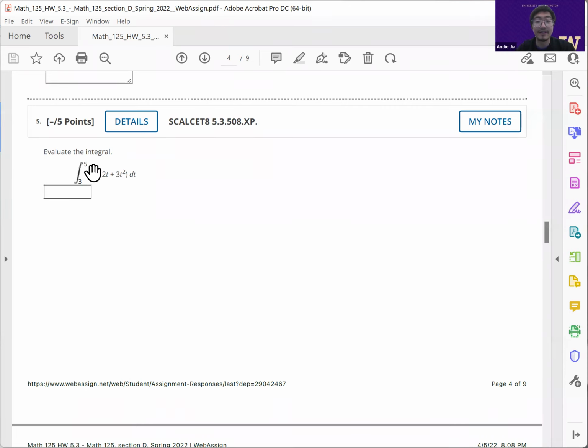This one looks tricky. You might use u substitution, but you do not need to. When using the power rule, for example, if you have a to the 10th times a to the c power, you can rewrite it as a to the 10 plus c.